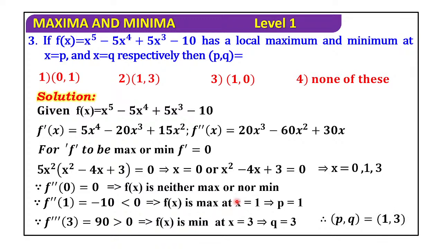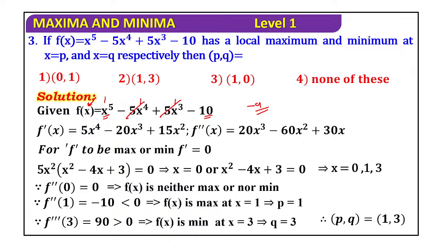Therefore, you can just see that the p value is 1. To find the q value, you have to put x in. So 1. Here it is 1, here it is 1. You just calculate it. Minus 5 plus 5 will get cancelled, and you just see 1 and minus 10. It will be minus 9. Therefore, at p equal to 1, q will be equal to 3.